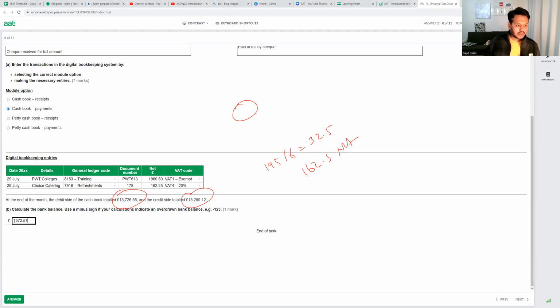Do not forget the minus sign because they said show the negative sign. My debit is lower than the credit. If the credit side is higher, that means I made more payments than I received. I received on the debit side only 13,726, but I paid actually 15,000. So obviously I'm in a minus. All right, very simple. So let's move to the next one.